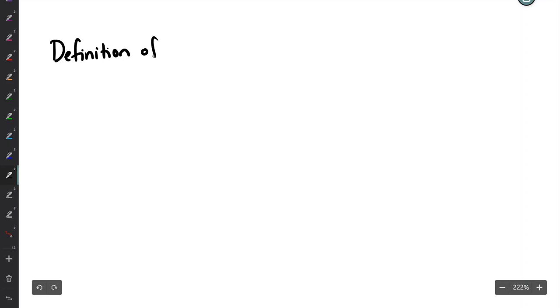So the definition of the number, and it feels weird to say number when I write a letter, i. I'm putting it in quotes. What the heck is this? i is defined to be the square root of minus 1.